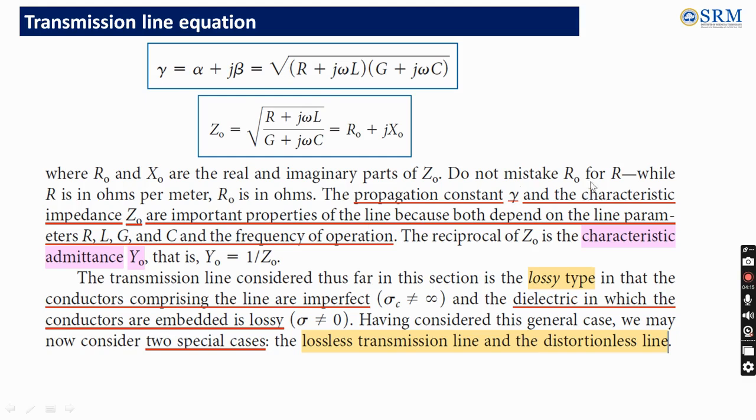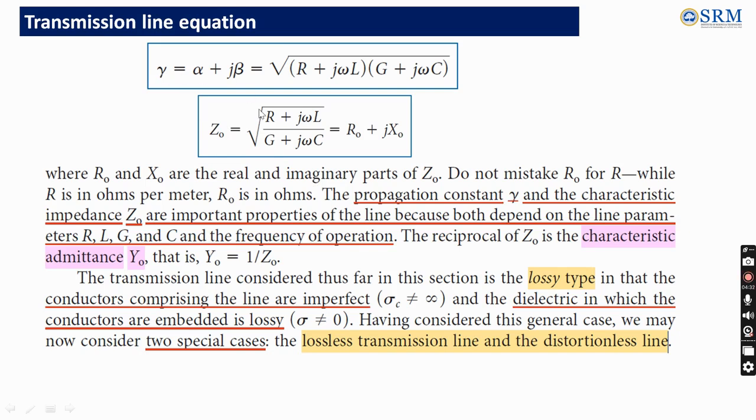We should not mistakenly take R0 for the resistance R that we measure. R is in ohms per meter, that is the transmission line parameter, but this R0 is in ohms only, which is coming in the characteristic impedance.